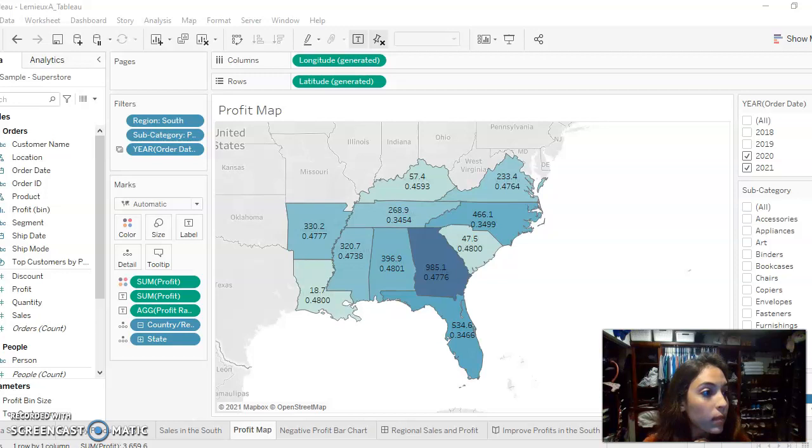So, I just want to start off with how I analyzed my data. I did it by year. I also analyzed it by looking for different spikes and large decreases in sales. I was able to look at different regions of the United States and different states, and I got to see which products did well and not so well in all the different states and regions.